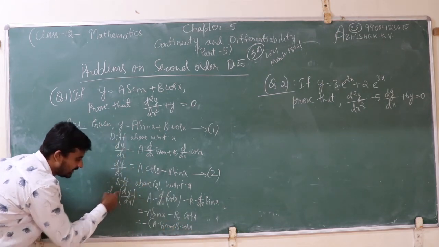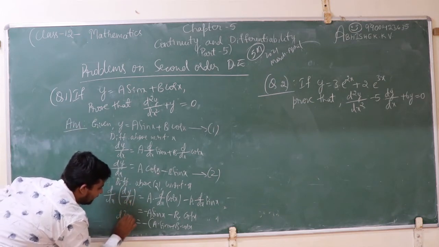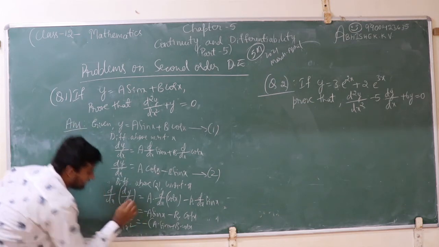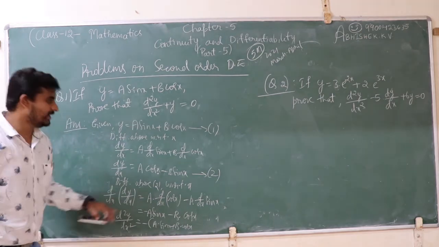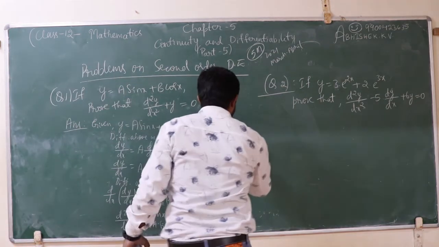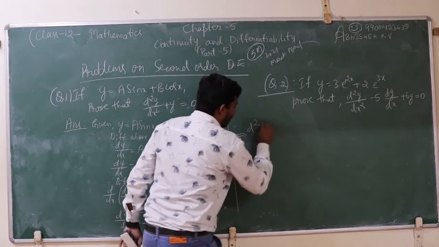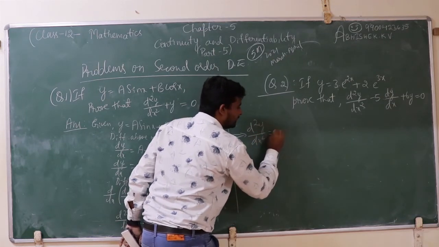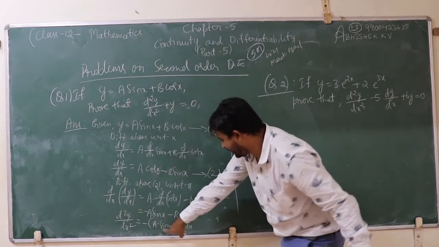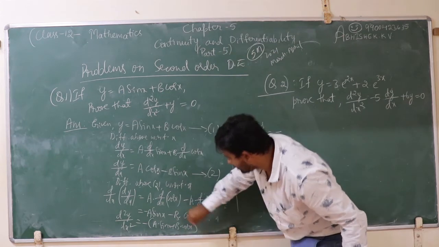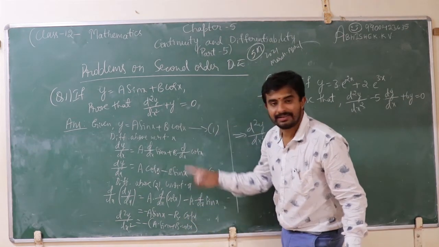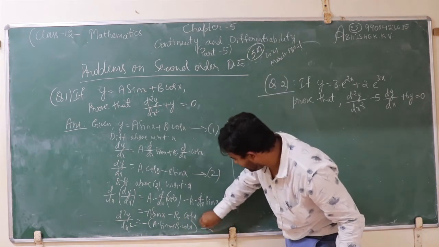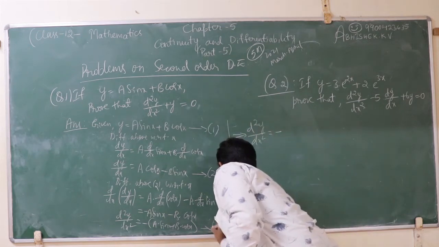See, d by dx of dy by dx is given by d square y by dx square. This implies d square y by dx square is equal to minus of a sin x plus b cos x. Call this equation 3.